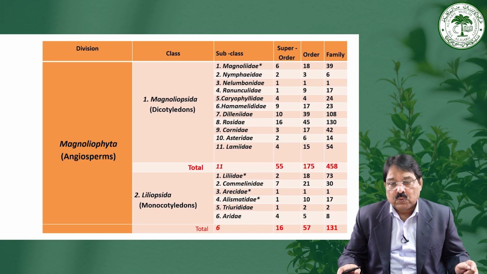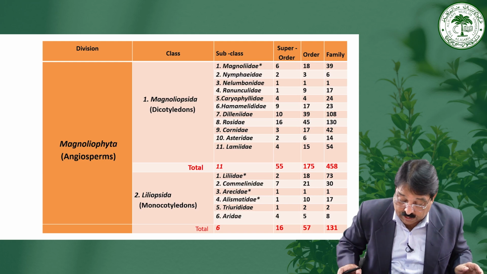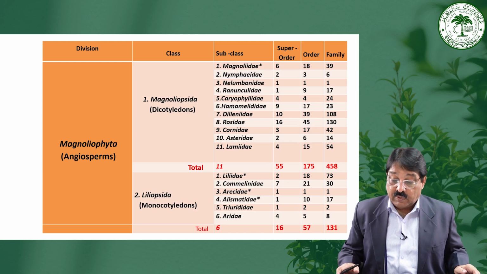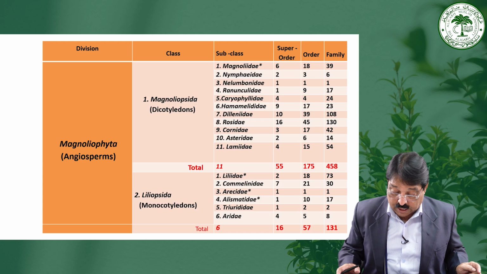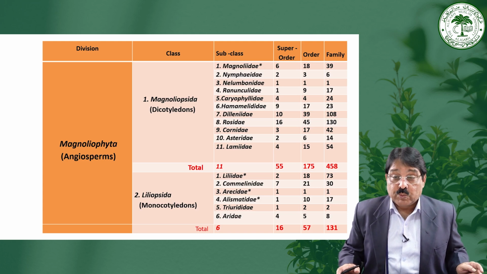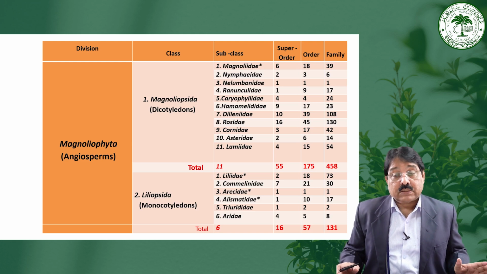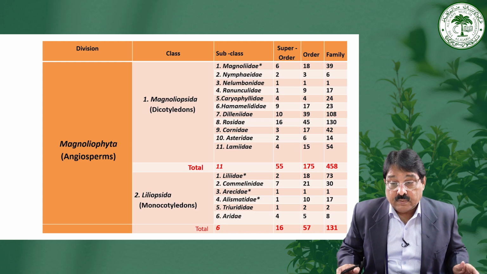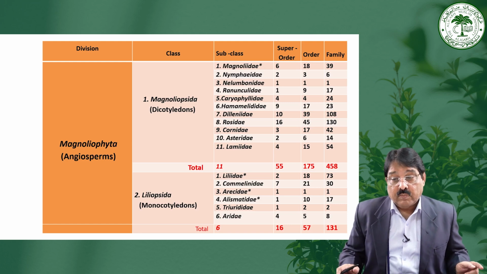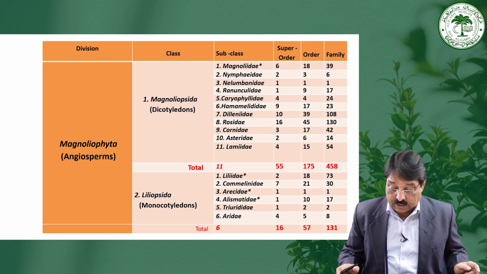Liliidae has 2, Commelinidae has 7, and Arecidae has 1, and Alismatidae also has 1 superorder, while Triuridae has 1, then Zingiberidae has 4 superorders. As for the orders, there are 18 orders in Liliidae, 21 orders in Commelinidae, 1 in Arecidae, 10 in Alismatidae, and so on.